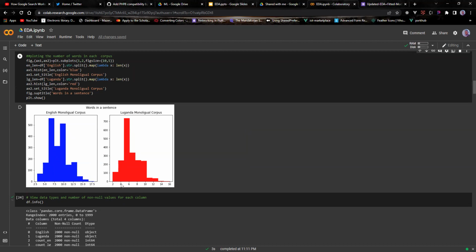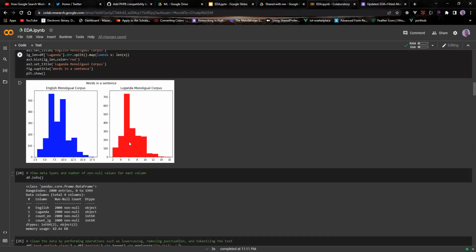And then for Luganda, most sentences have close to 5 words. This is good to show you the distribution of words in each sentence in each monolingual corpus.